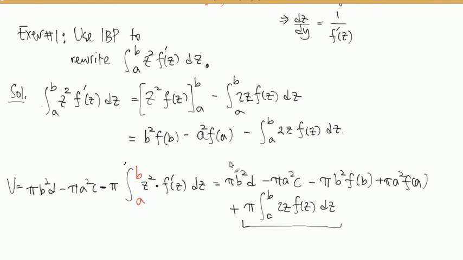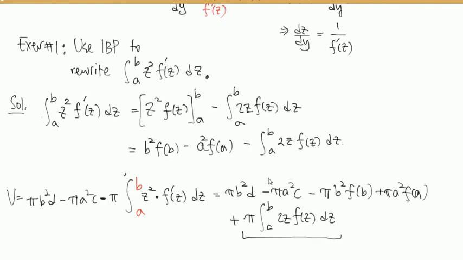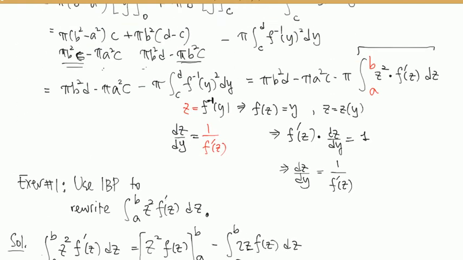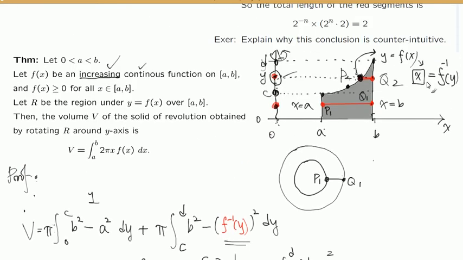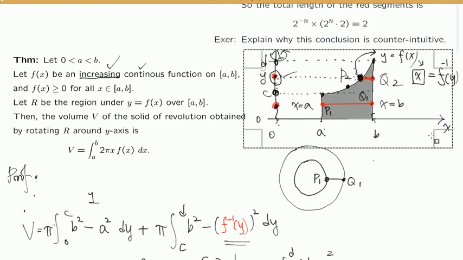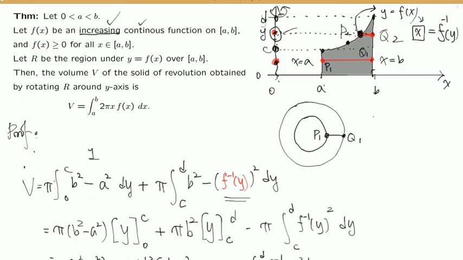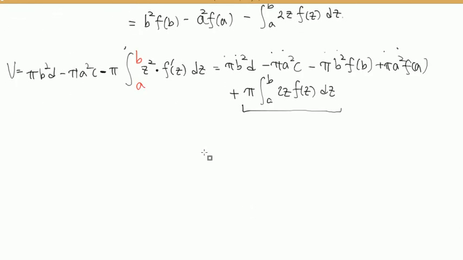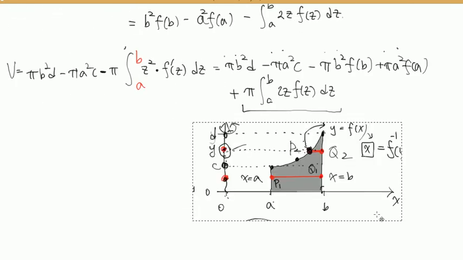This is what we want. You just have to explain why this one is a 0, rather than just claiming this one is a 0, right? So let's go back. This is matching nicely, pi b squared, and pi a squared, right? So what is f of b? If you go back to the picture, right there, what is f of b? Up there, d, right? So down here, what is f of a in this picture?